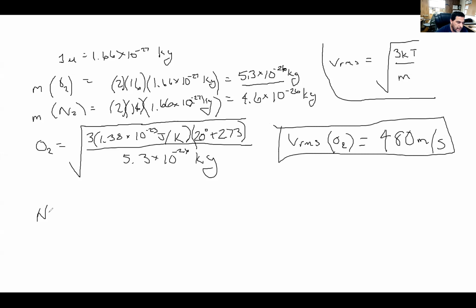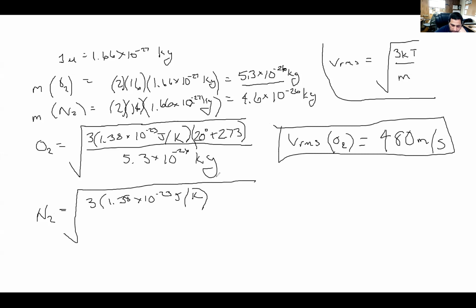Let's take a look at the N2, nitrogen. 3 times 1.38 times 10 to the minus 23rd joules per Kelvin. And 273 plus 20 is 293 Kelvin. It's the same thing.